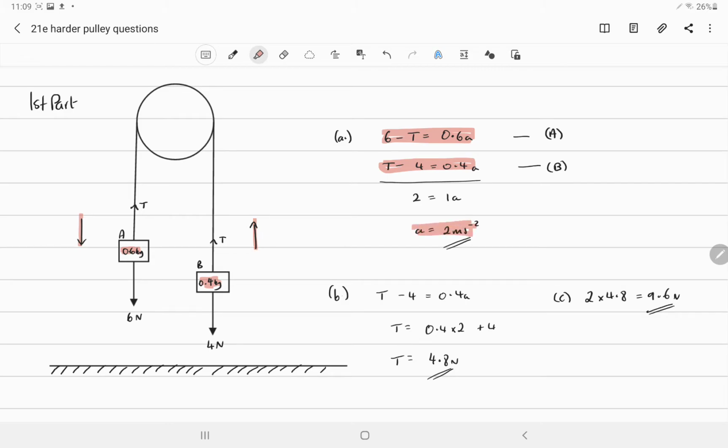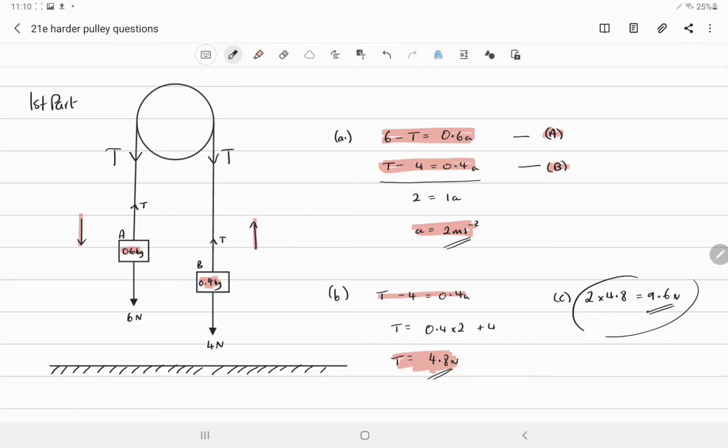We use that acceleration to plug into either of these equations, doesn't matter. So T minus 4 is equal to 0.4a, where we know a now, so we get the value of T, the tension. And then part C, I should have T here and T here. Part C is you're just doubling your answer for part B to get the tension pulling down on the pulley.